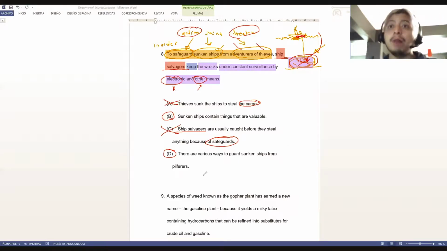It's like a job. You can be a ship salvager. Companies hire you to protect their sunken ships and try to recover all the things from it. If you have a company that moves a lot of things through ships and boats, maybe you know that sometimes they are going to sink and you need a company or people to protect them, okay?